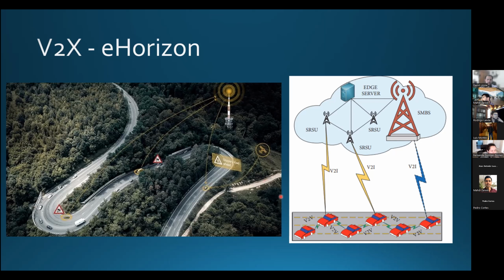So we already know that vehicles can connect to other vehicles, and those vehicles to the edge, but they can also communicate with other stuff, maybe pedestrians, or the infrastructure of the smart cities in the future.